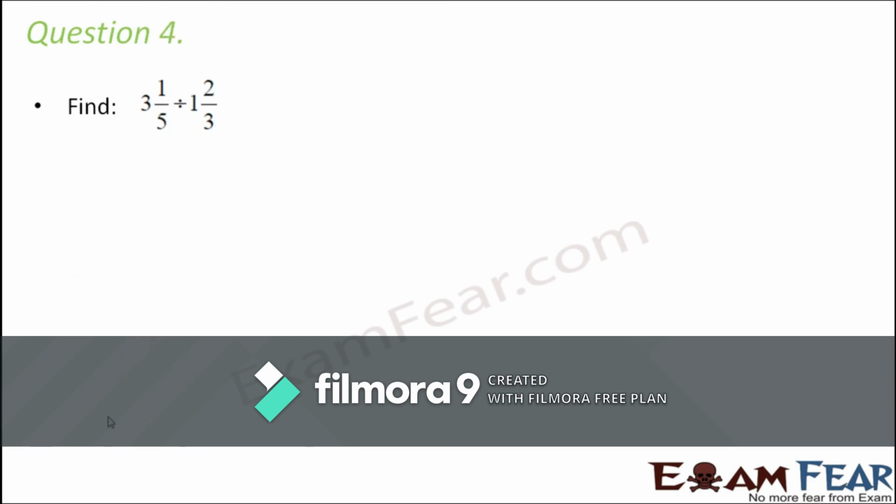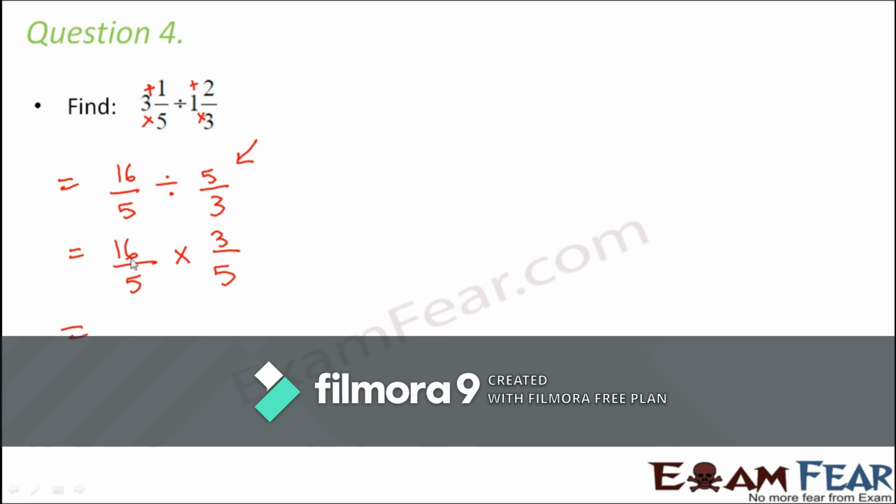Question number 4. Find 3 1 by 5 divided by 1 2 by 3. Again, let us convert them into improper fractions. Here 5 into 3, 15 plus 1, that is 16 by 5, divided by 3 into 1, that is 3 plus 2, that is 5 by 3. Here, which is the divisor? 5 by 3 is the divisor. So we can say 16 by 5 multiplied by 3 by 5.